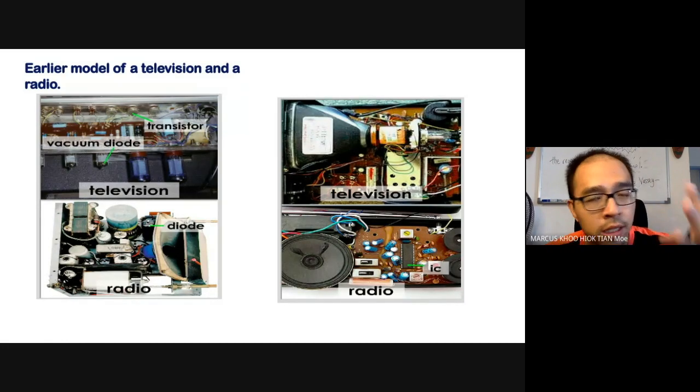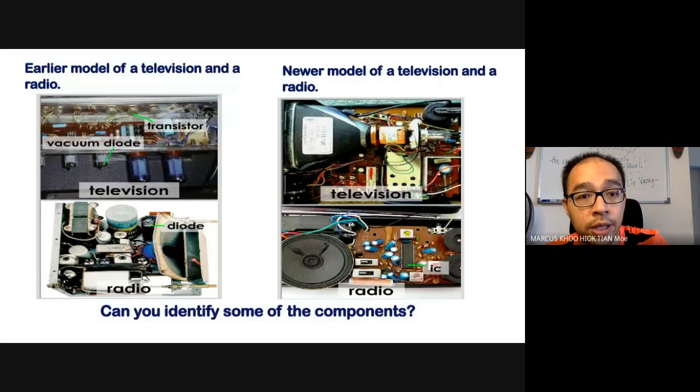So the diode and the transistor have actually changed the world of electricity and electronics, so much so that we are able, as I said just now, to hold more information or to send more information using a small amount of space. That's how technology has progressed until today.